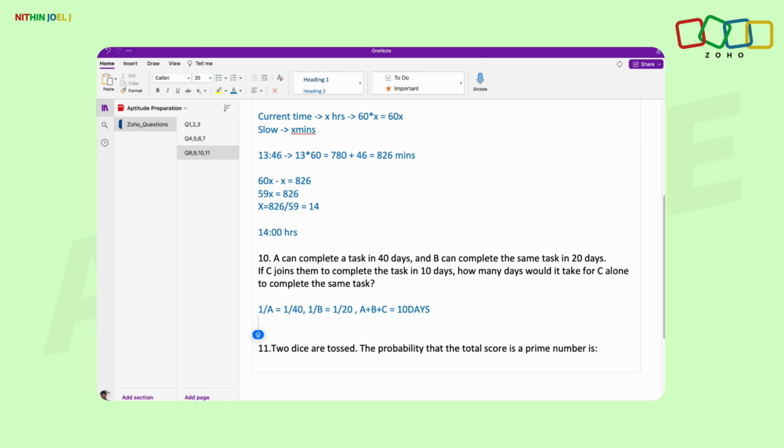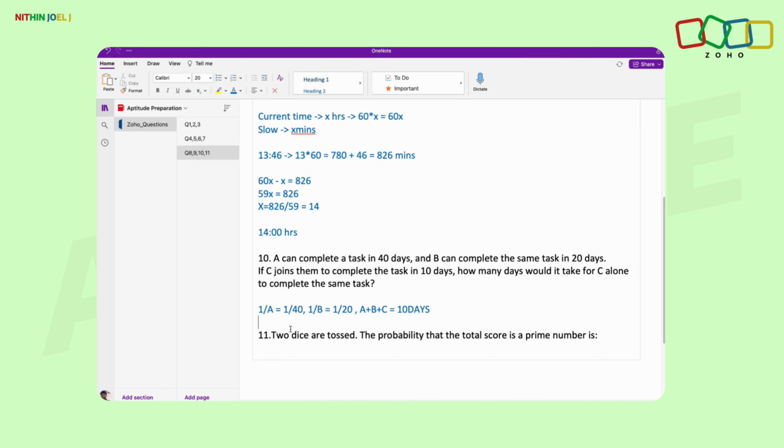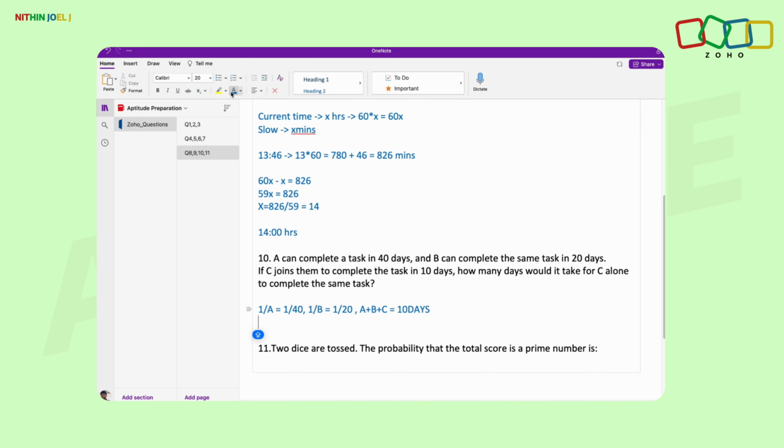So 1 by A plus 1 by B plus 1 by C will take 10 days to complete the task, which is 1 by 10 over here.